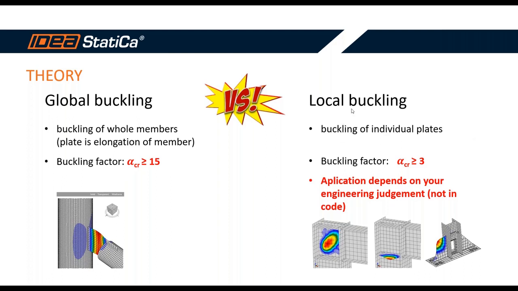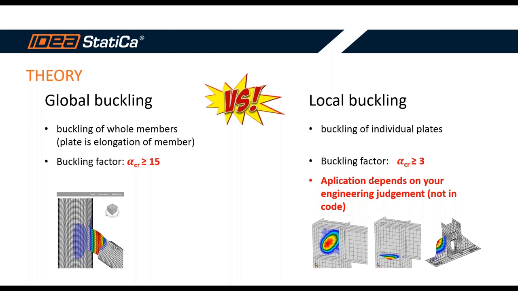Then we have local buckling. It means we are talking about buckling of individual plates. It's visible on the pictures below: some stiffeners, some reinforcement, or the web of the column in shear.